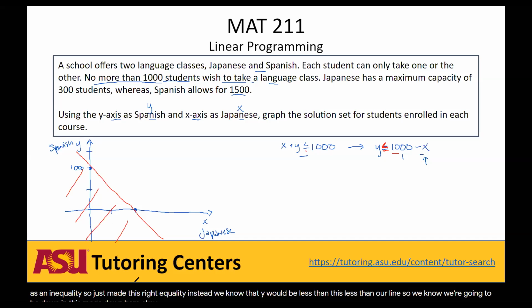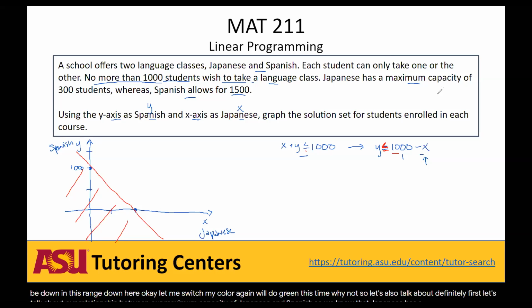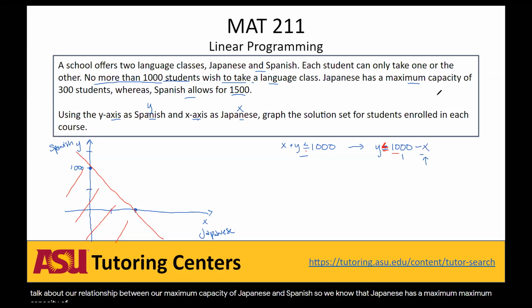Okay? Let me switch my color again. We'll do green this time. Why not? So let's also talk about, actually we'll keep that blue first. Let's talk about our relationship between our maximum capacity of Japanese and Spanish. So we know that Japanese has a maximum capacity of 300 students, whereas Spanish allows for 1,500 students.